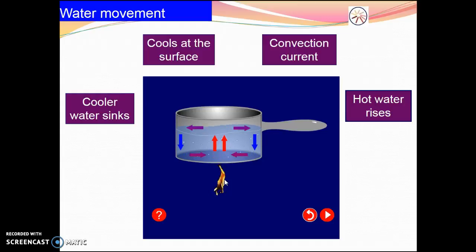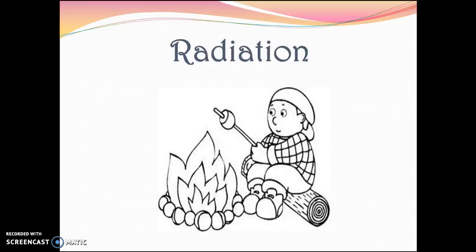So cooler water sinks, it's heated up, that hot water rises, and we create this convection current. So water movement is going to move exactly like the air that I described earlier, in a circular current.